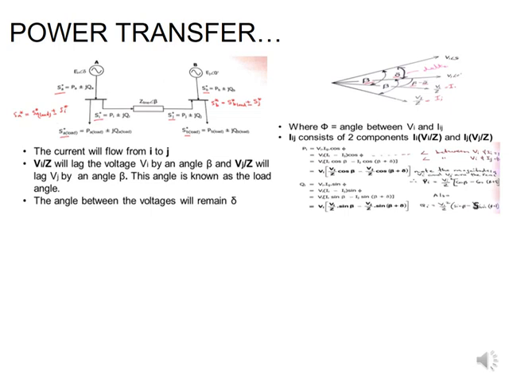And this can be rewritten as per the bottom where I want you to see the bolded, where it just goes VI into VI over Z cos beta minus VJ over Z cos beta plus that displacement angle that I had.